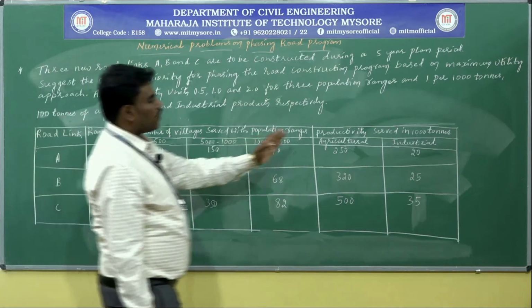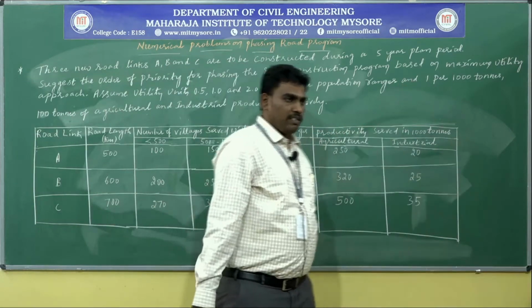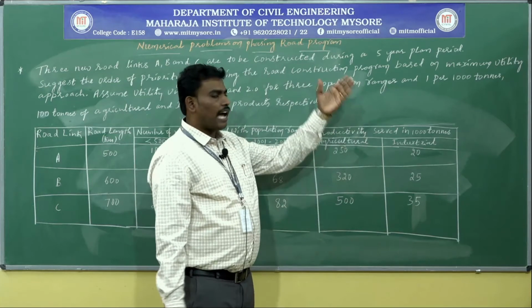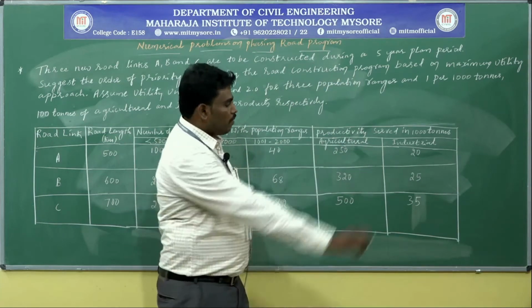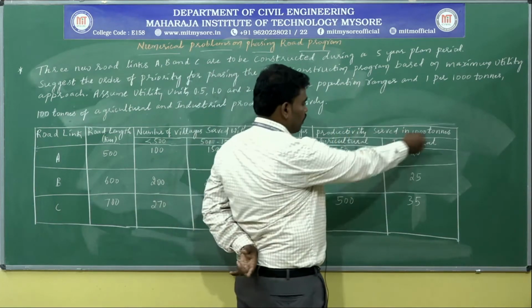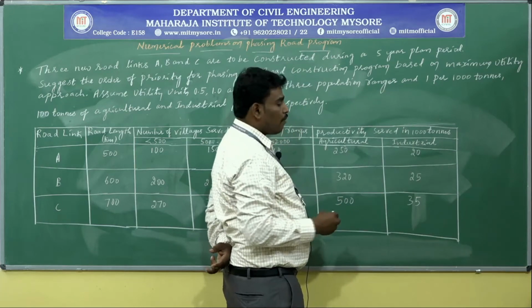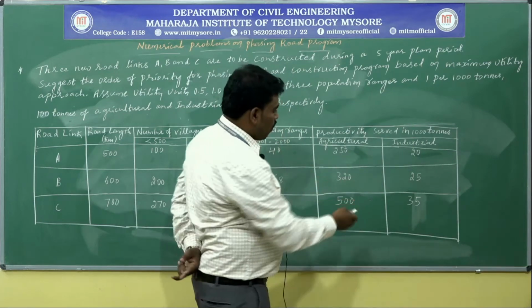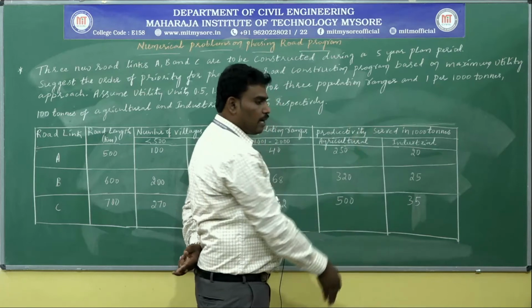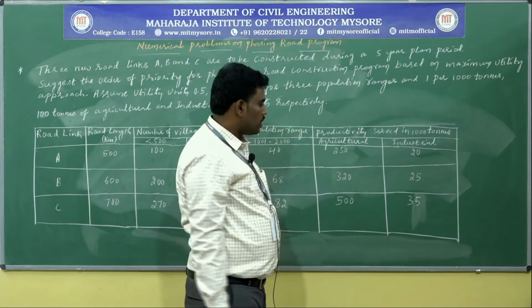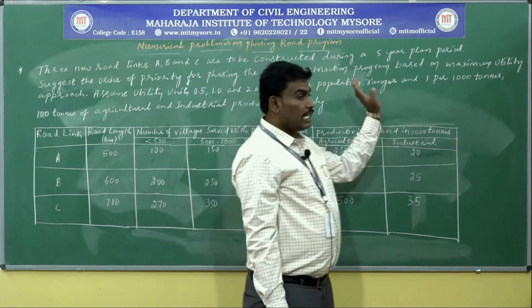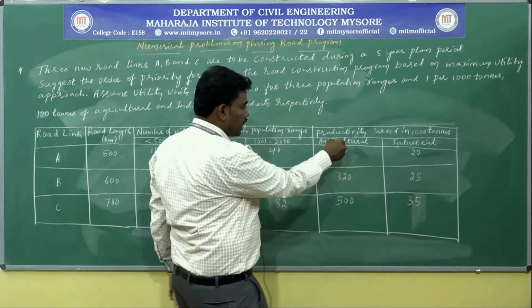Then I'll move on to the productivity served in terms of 1000 tons. Okay, the majority of students are going to make a mistake here, because in the column itself they have mentioned in terms of 1000 tons. Whatever data is given in the column is in terms of 1000 tons. Here productivity served in 1000 tons means agricultural and industrial.